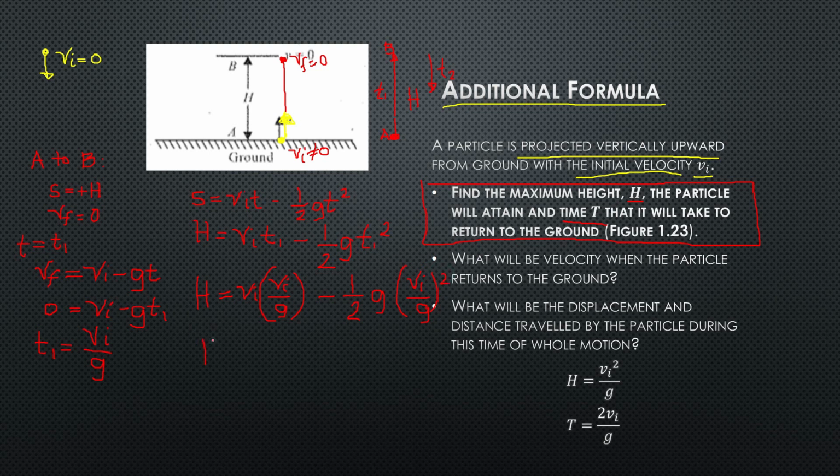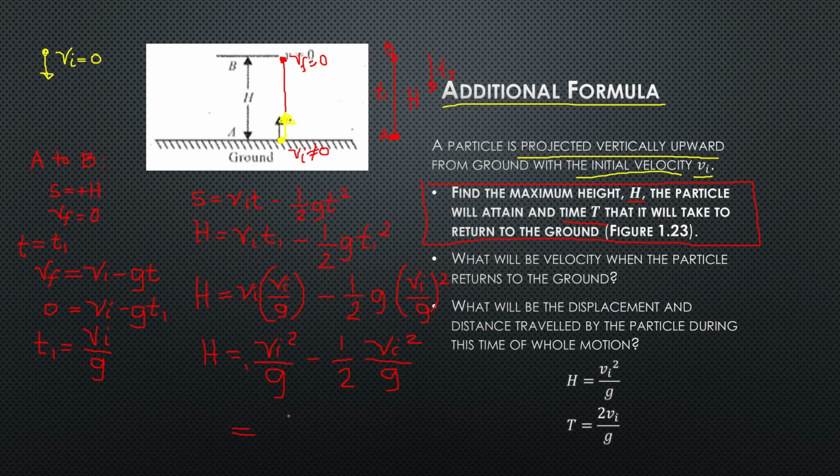Simplifying this, the equation will be equal to initial velocity squared all over g, minus 1/2. The square is distributed to the numerator and the denominator, so g you can simplify, so that becomes vi squared all over g. Same unknowns, so you can see that 1 minus 1/2 is simply 1/2.